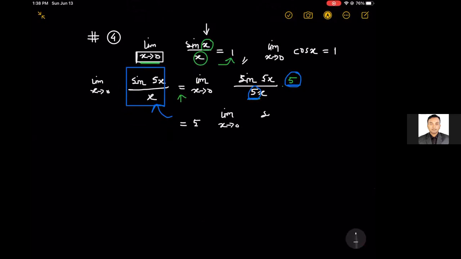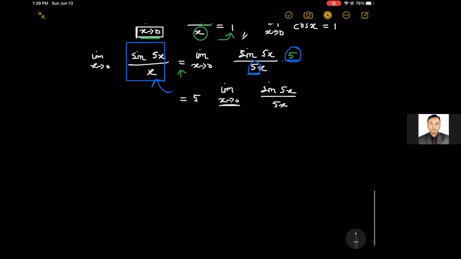Now we can keep this 5 outside because it's a constant. And again, we have sine 5x over 5x now. As I said, since x tends to 0, 5x also tends to 0, because if you're multiplying it and it's going in the same direction, the value still approaches the same point.